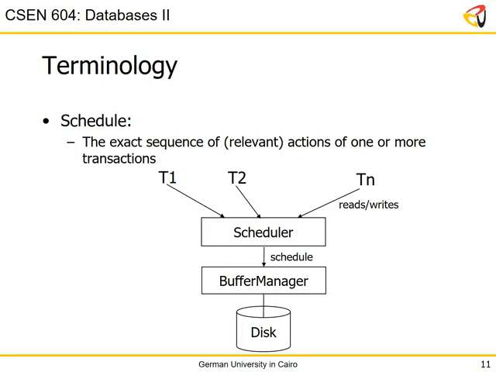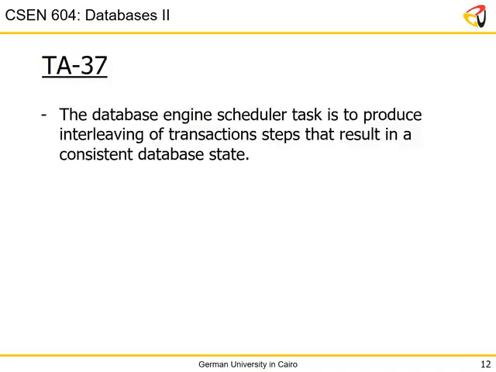So all transactions are being fed to the scheduler, and the output is a stream of reads and writes that are safe, which means will leave the database in a consistent state. So, to summarize, the database engine scheduler's task is to produce an interleaving of transaction steps that results in a consistent database state.